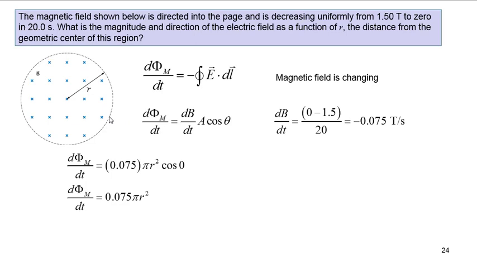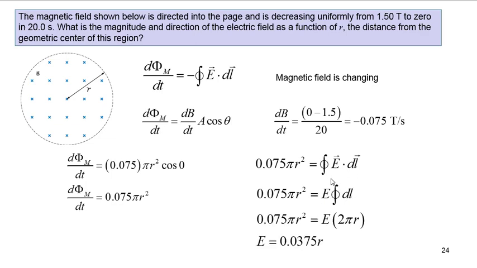And just consider that there's an electric field in the direction of the loop, and that electric field in the direction of the loop is going to be equal to the rate of change of my magnetic flux. Based on symmetry, I'm going to say the electric field is uniform everywhere along here, so I can pull it out of the integral. So here I've set my rate of change of my magnetic flux equal to my line integral of the electric field.